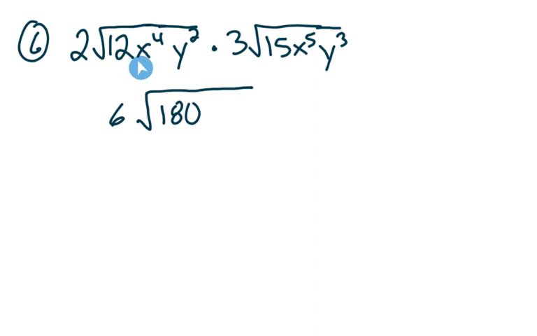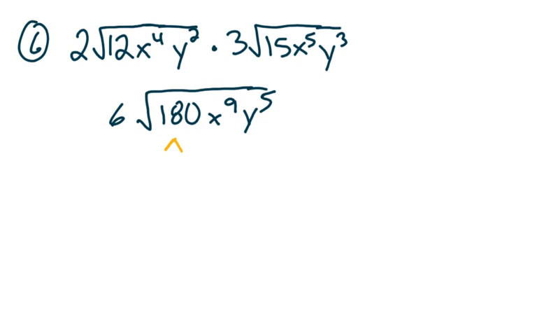Now when I multiply variables, I add their exponents. So x to the 4th times x to the 5th is going to be x to the 9th. Y squared times y to the 3rd is going to be y to the 5th. And now this problem should look just like the ones that we just did. So we're going to factor tree this.